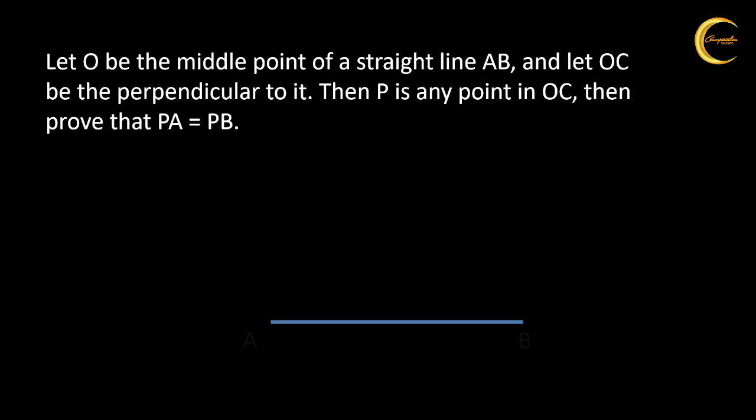Now you see this is the AB line, and this point O is the midpoint of the AB line. And this line is the OC line. Now you can understand, this OC line is perpendicular to the AB line.